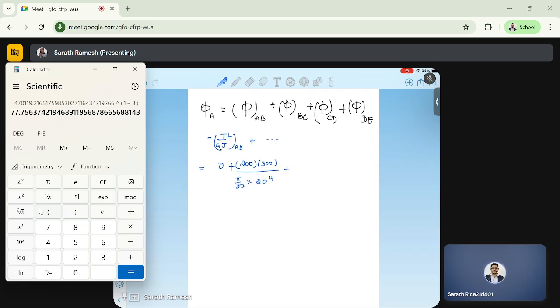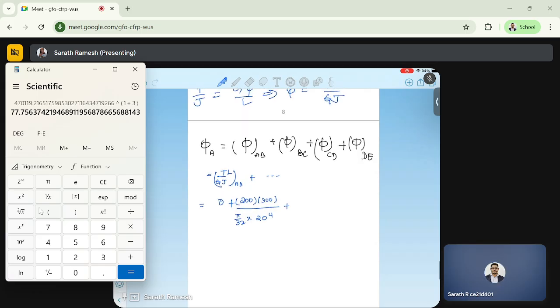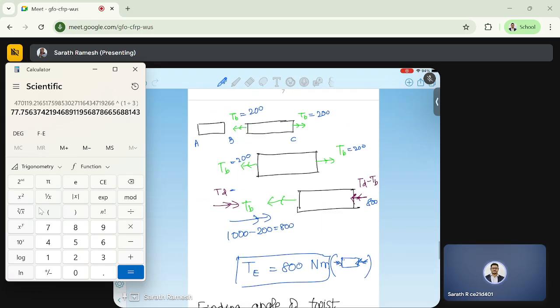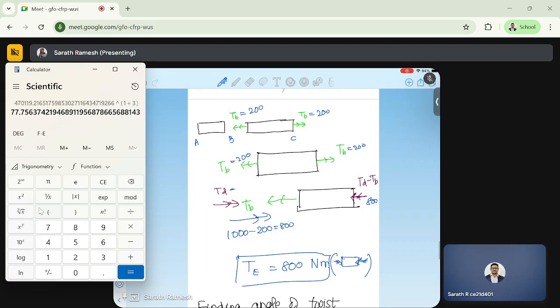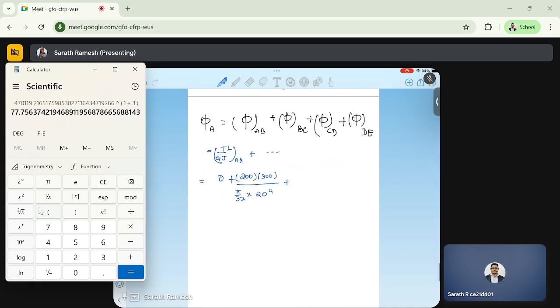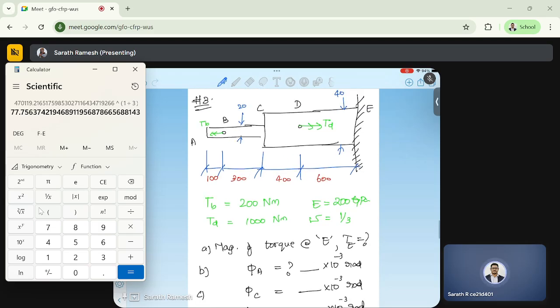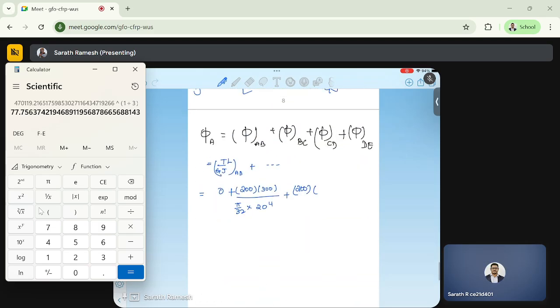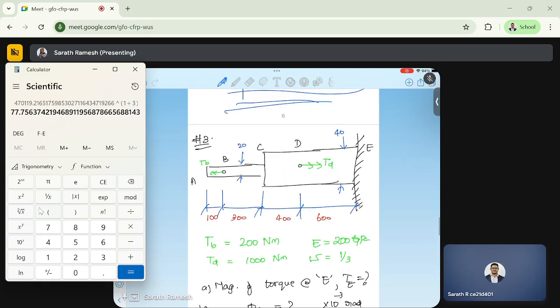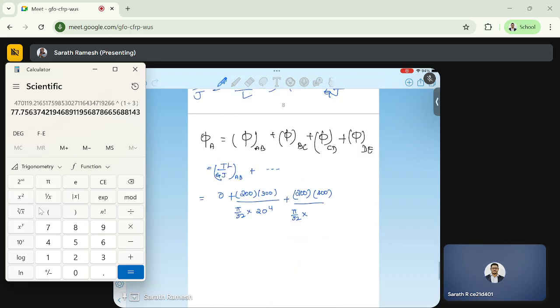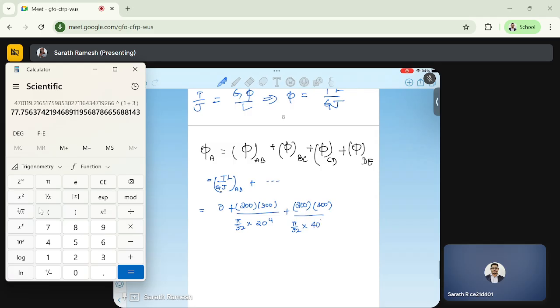Plus what is for CD? T of CD is 200, and length of CD is 400, by pi by 32 into, for CD it is 40 mm, 40 to the power 4.